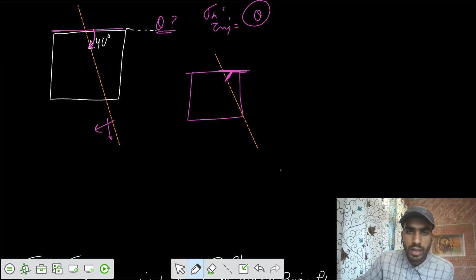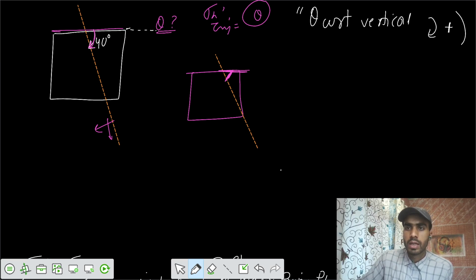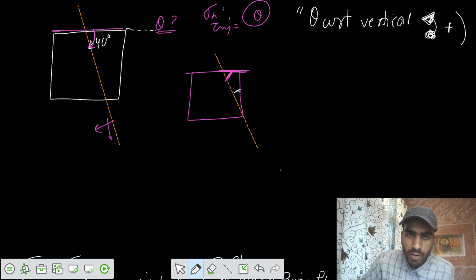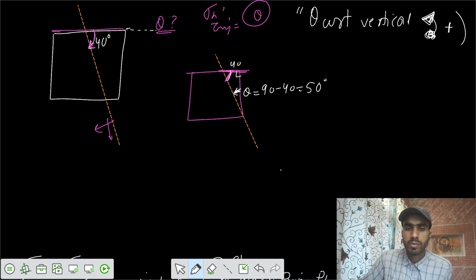In the derivation we take theta with respect to vertical, and anti-clockwise was positive. So if you take theta from vertical, anti-clockwise positive, this is 90, this is 40, this is then 90 minus 40, that is 50. So your theta becomes 50 degrees.